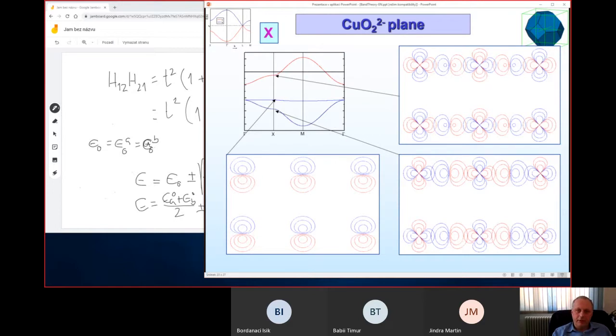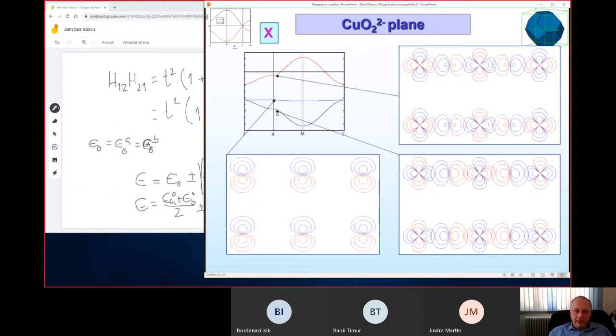And for the specific points in the first Brillouin zone, we can also plot the wave function as combinations of the Bloch orbitals.